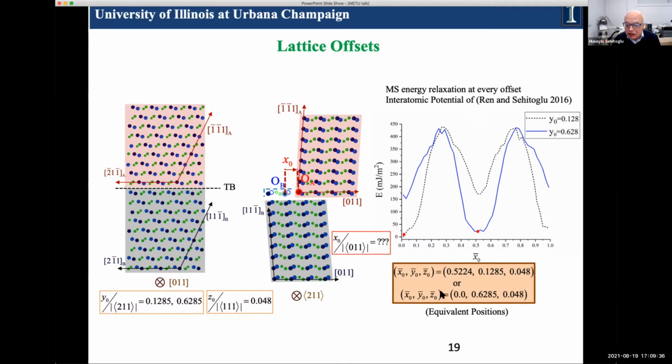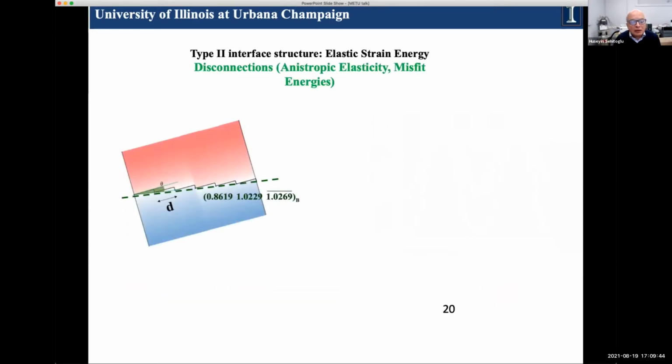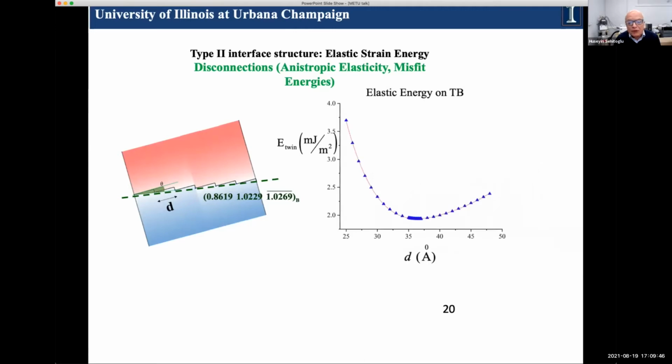That's what we do before we engage in any calculations. And as I mentioned before, there's another complication in this case. Because there is a misfit between these two variants, these ledges have disconnections. Those are dislocations with step character.